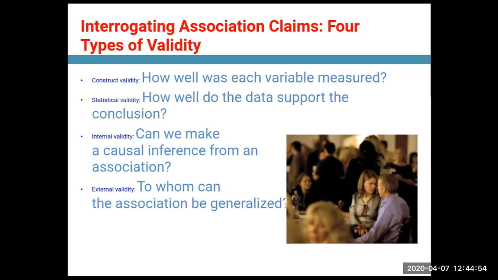Statistical validity, which of course applies to all 3 claims, including this one. We have a statistical value, either an r value or a t value, so statistical validity is going to be of myriad importance for an association claim. How well do the data support the conclusion?